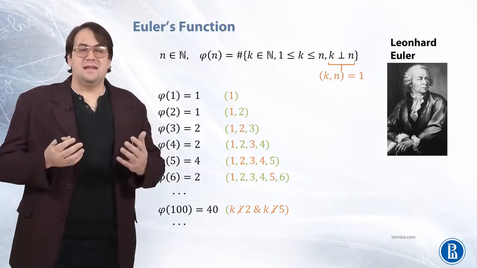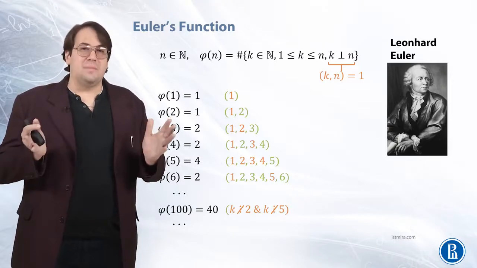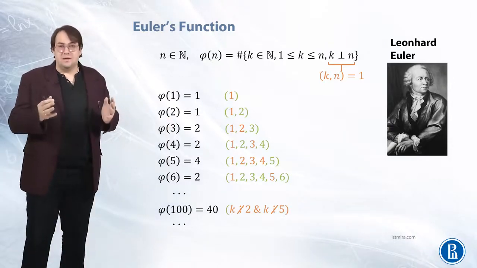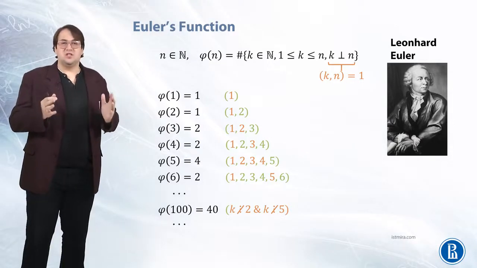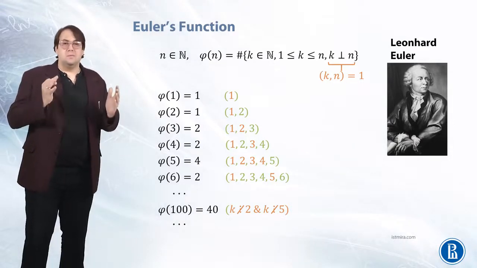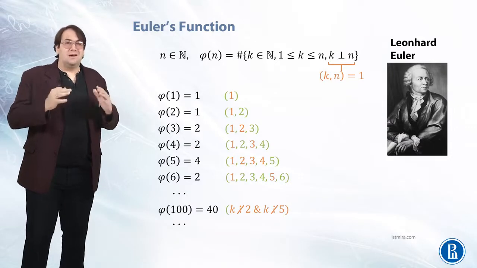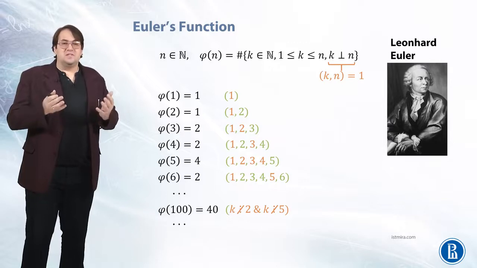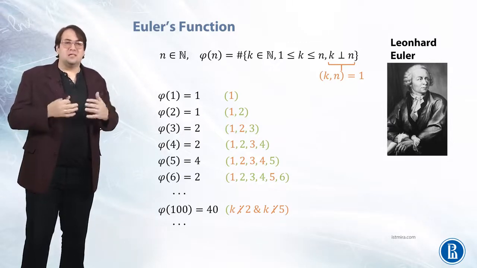So we can say that Euler's function of a prime number is equal to the prime number minus 1, because all positive integers from 1 to prime minus 1 are co-prime with this prime number. Phi of 6 is also equal to 2, and so on.